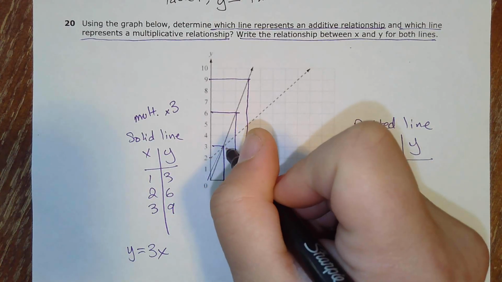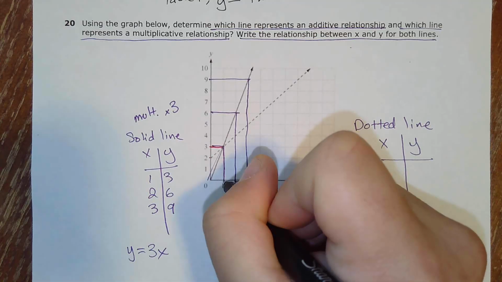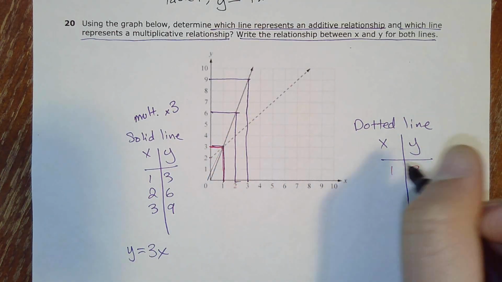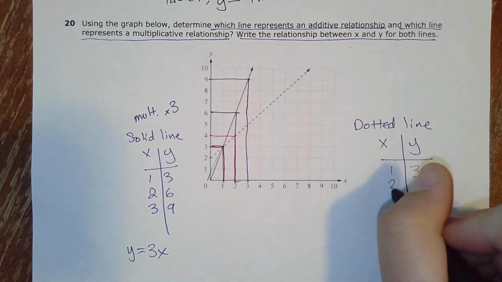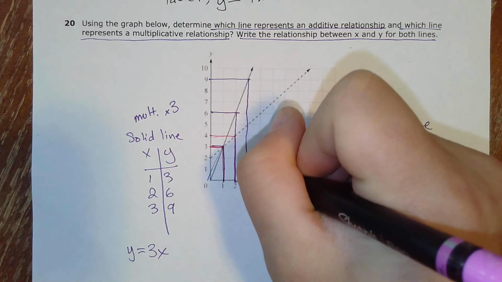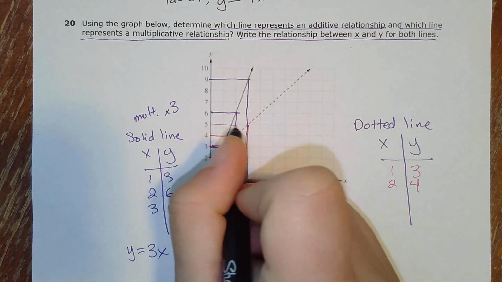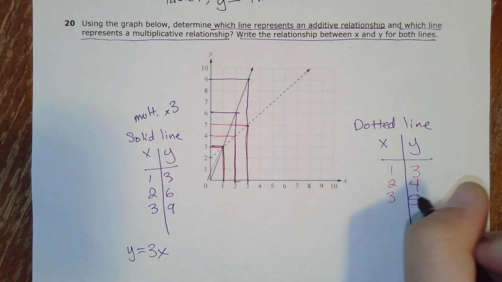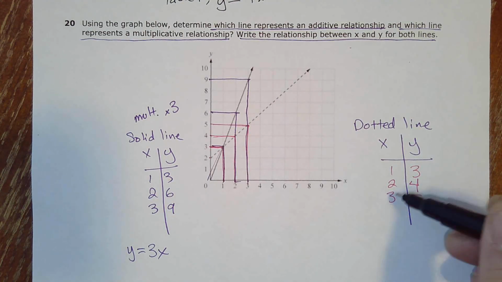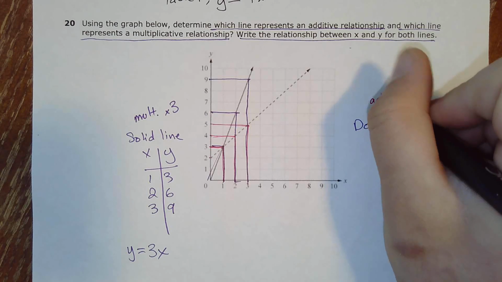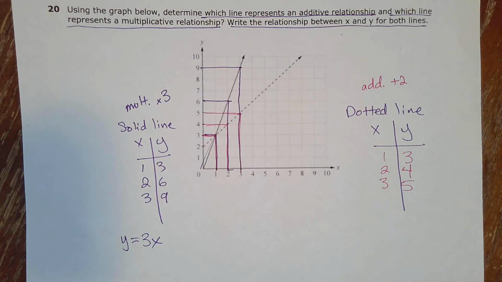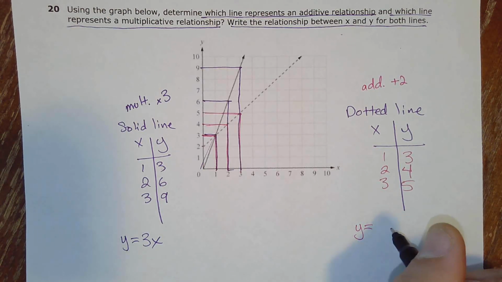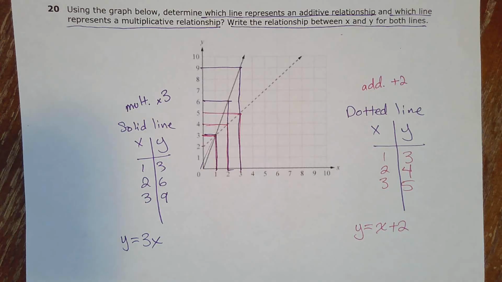Okay, so I still have 1 and 3, but then it goes from 2 to 4, and from 3 to 5. And so here I see it's an additive relationship, that they're adding by 2. So I can write the equation that the value of y is equal to the value of x plus 2. And that's it. Hope this helps y'all.